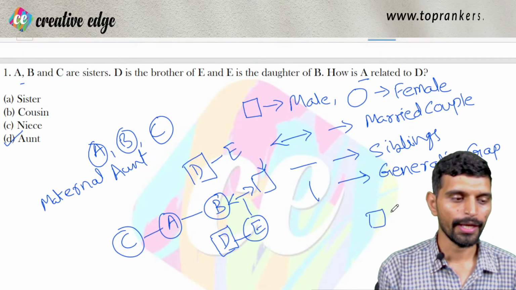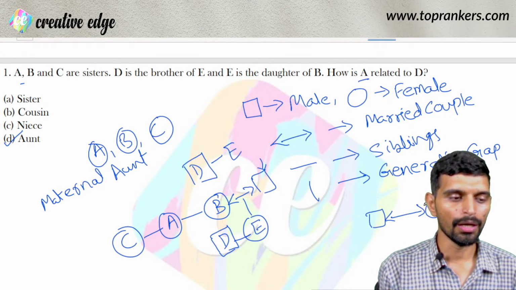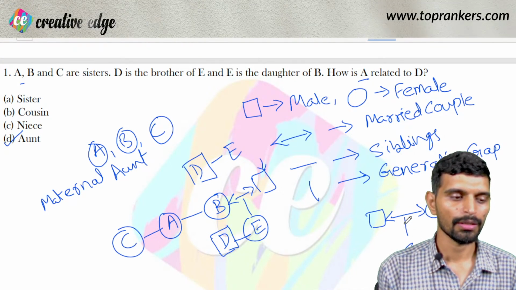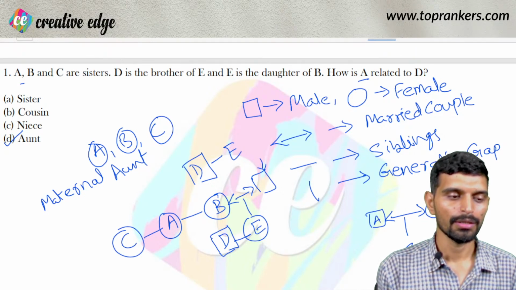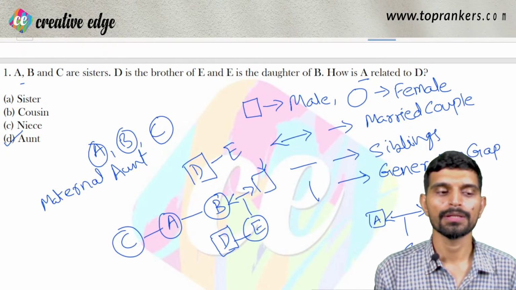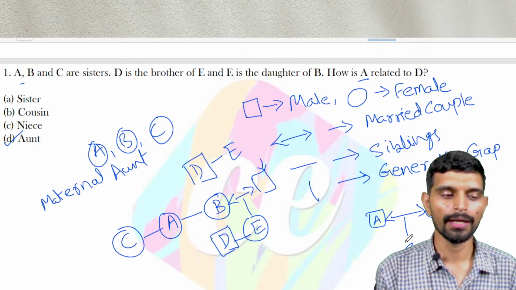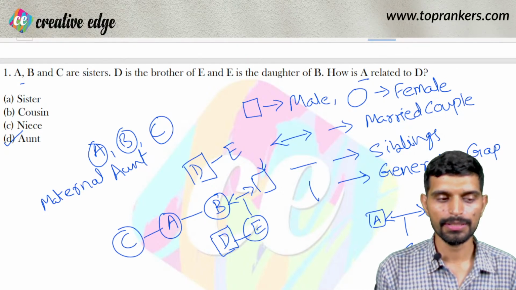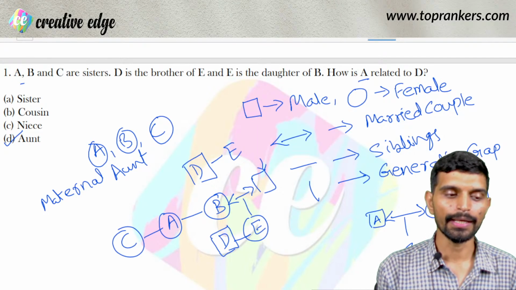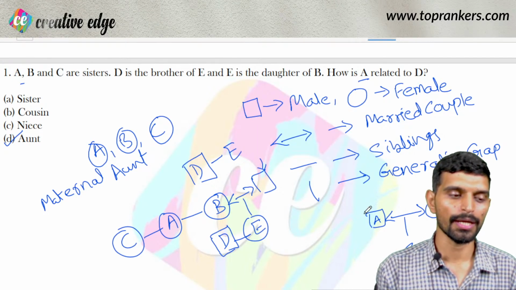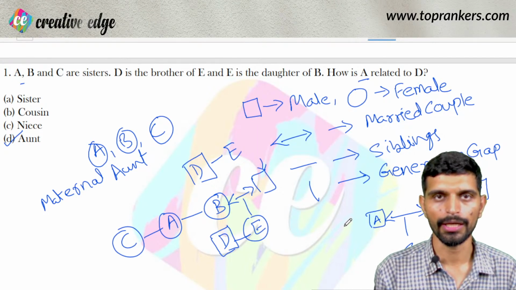For a child, let's say C is a child of A and B. If I say a person P is uncle of C, uncle means male, so this uncle can be mother's brother or father's brother, right?